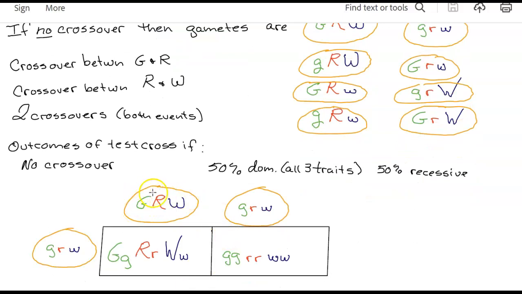Here are the original gametes from that F1 heterozygous parent. Now we're doing the test cross with the homozygous recessive alleles of those genes. And here we're looking at the phenotypes. One would have the dominant form of all three of these genes, and another would have the recessive. So that would be a 50% or 1-to-1 ratio, no crossover.